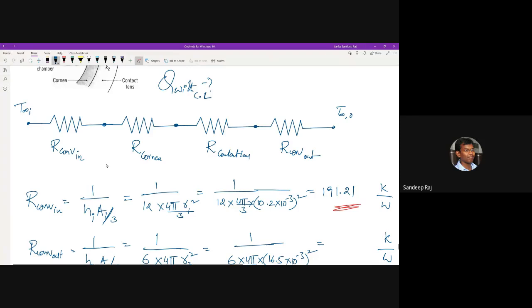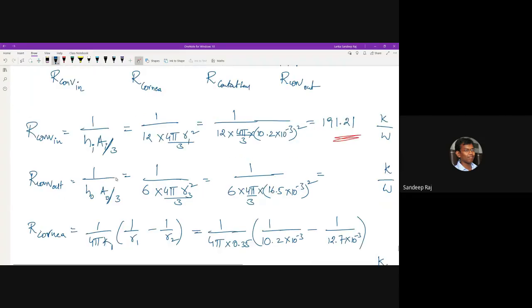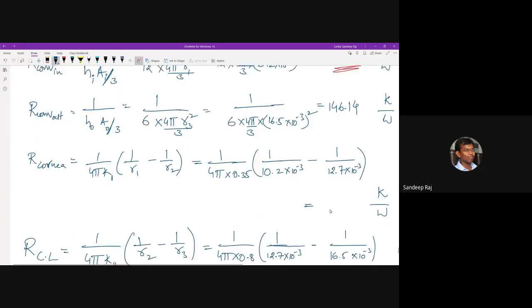That's correct. How about the next one, R convection on the outside? 146.14. 146.14. Good. Cornea, R cornea. 2.8976. 2.89, sir.